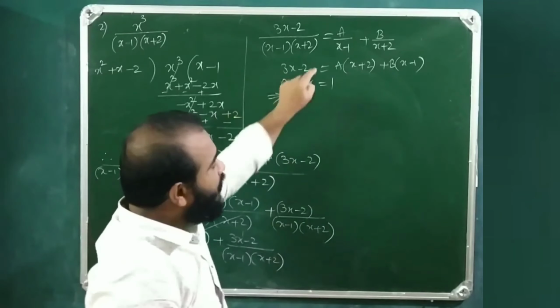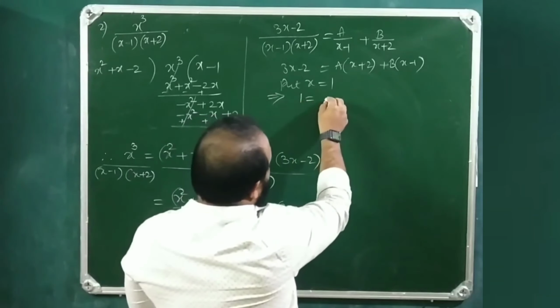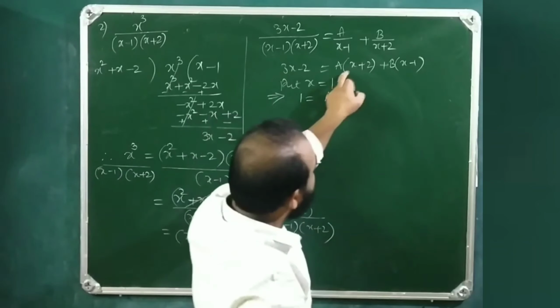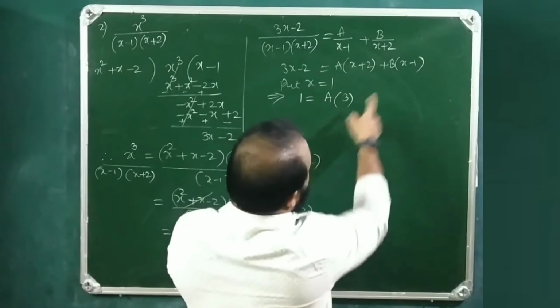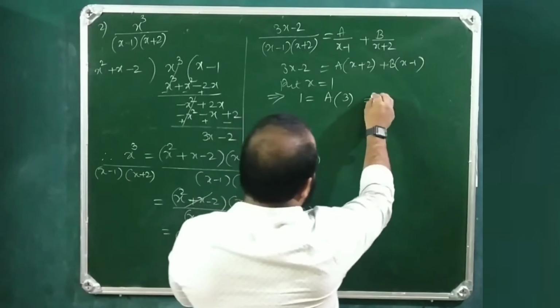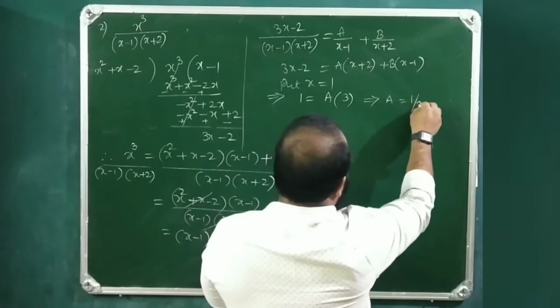3 ones are 3, 3 minus 2 is 1. So a into 1 plus 2 is 3, and here this is 0. From this, a is equal to 1 by 3.